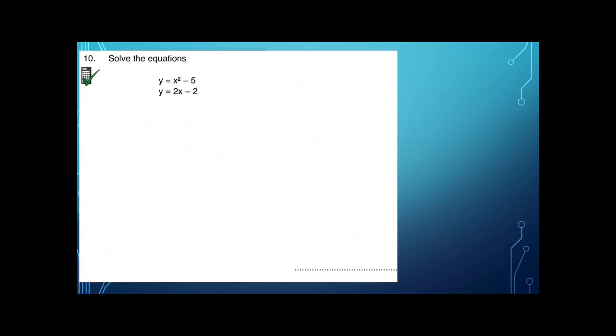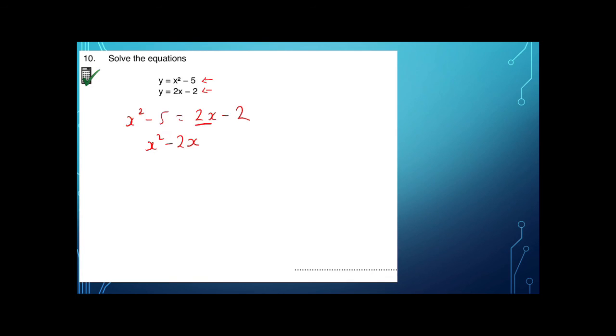And the final question. Now y equals this and y is equal to that. So in fact, we can actually put these two things equal to each other. We can then write the left-hand side with all the x's, and the right-hand side equal to 0.